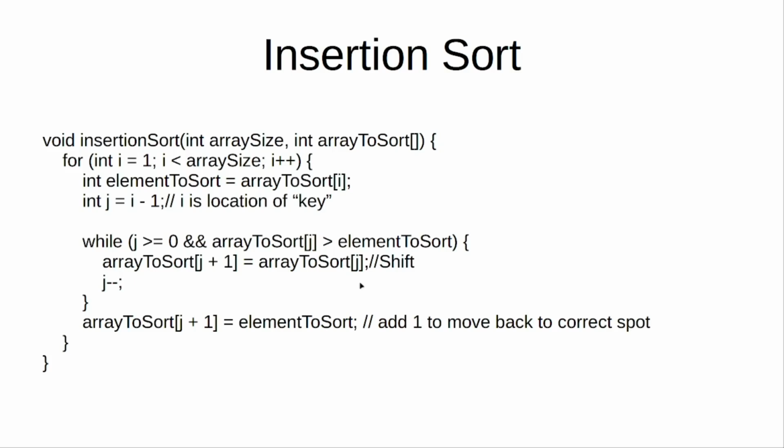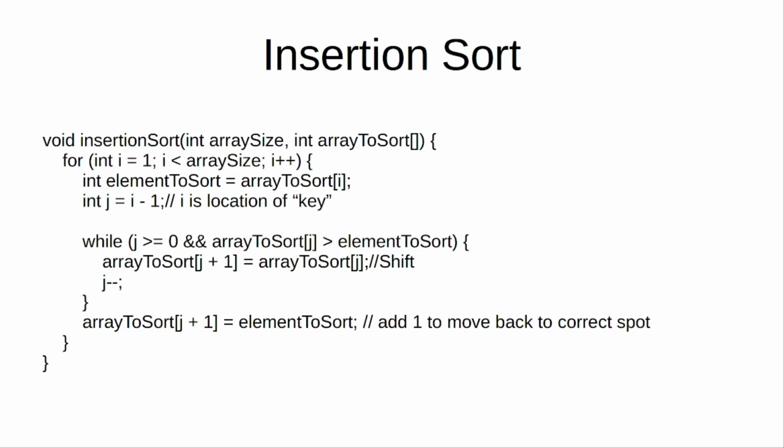Before I get into the implementation, there are some key differences between insertion sort and selection sort and bubble sort. Selection sort will select the minimum or the maximum, depending on what sort you're doing, from the unsorted portion and swap that into place. But with insertion sort, we take the next element and insert it into its correct position in the sorted portion.